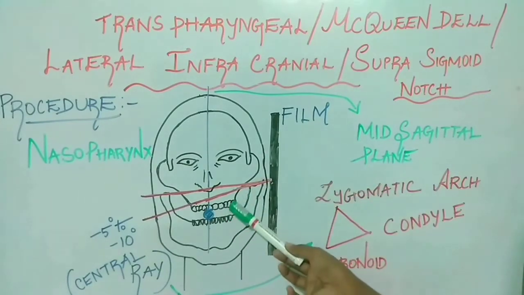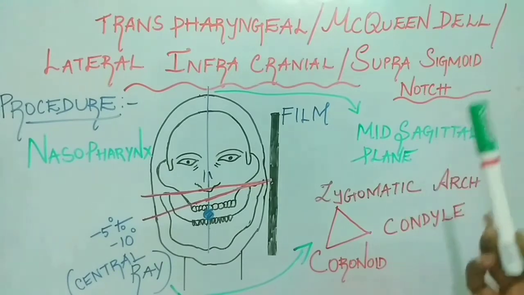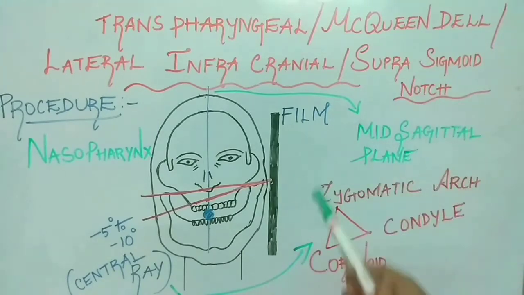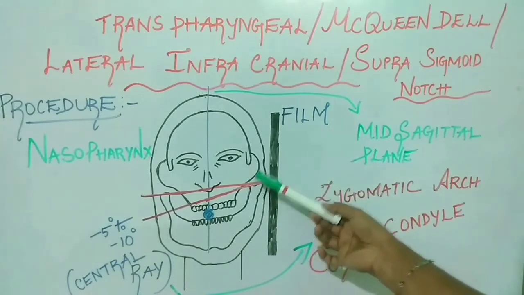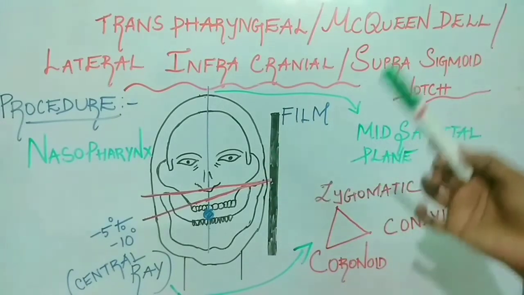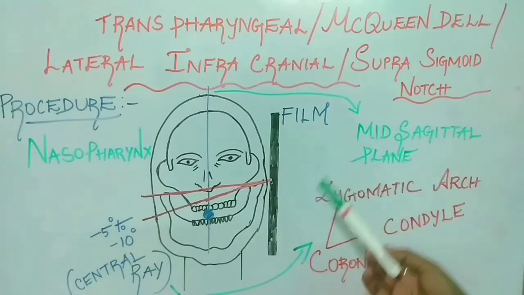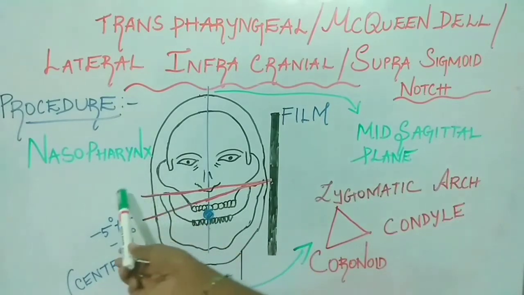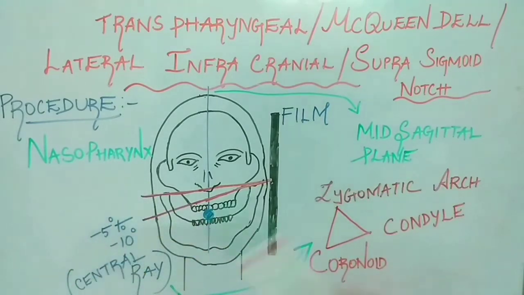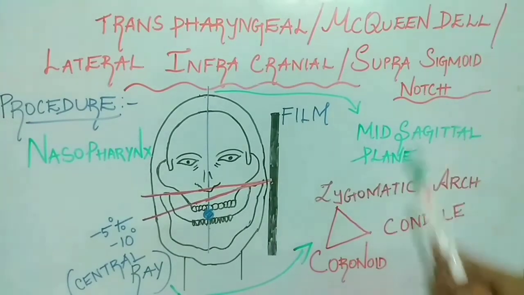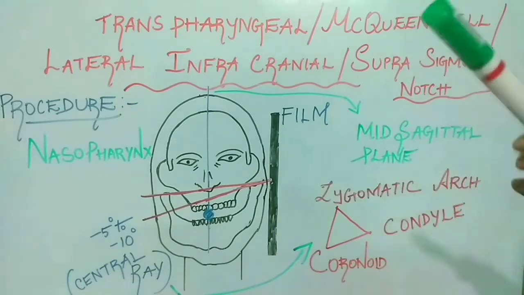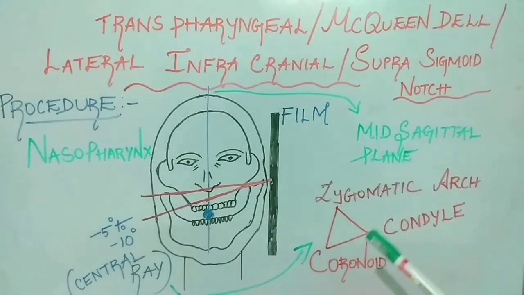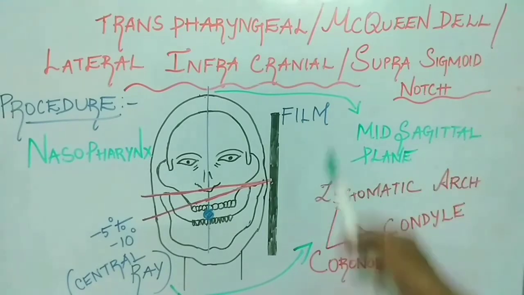The need for maximal mouth opening is to move the condyle away from the base of the skull so that the condyle or temporomandibular joint of interest is projected into the shadow of air containing spaces of the nasopharynx, which helps to increase the contrast of various parts of the temporomandibular joint, and there won't be any superimposition of bony structures. That's why we ask the patient to open the mouth while taking this projection.